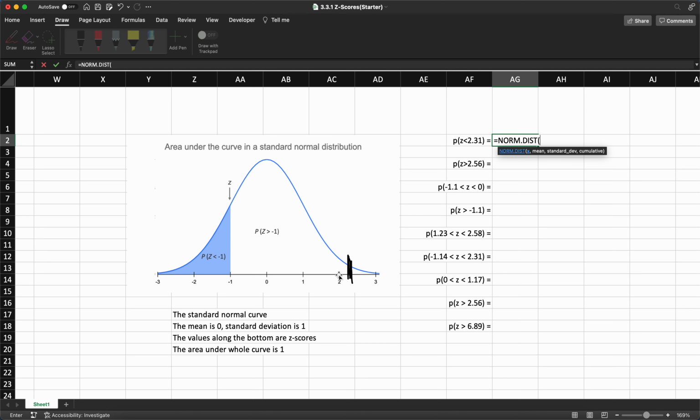In this case, that's going to be the 2.31. We need the mean, which, since this is the standard normal curve, is 0. The standard deviation for the standard normal curve is 1. And then we're going to use the cumulative distribution function, which is true here. And we get 0.98955.